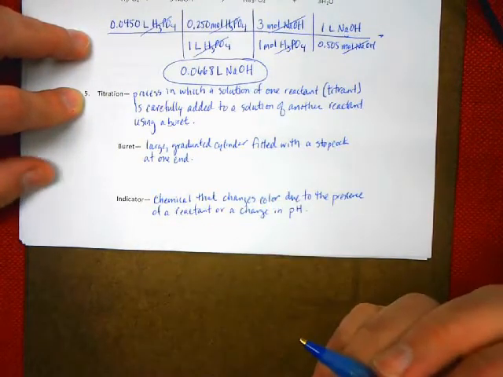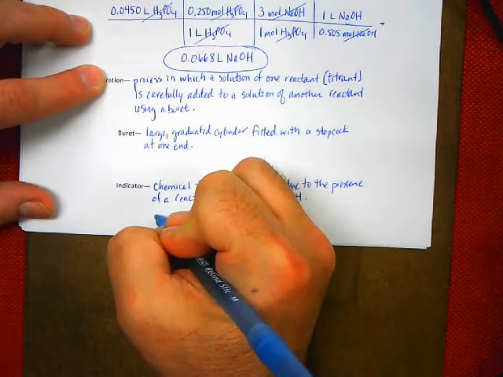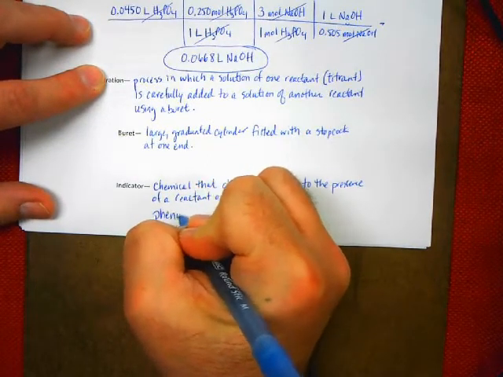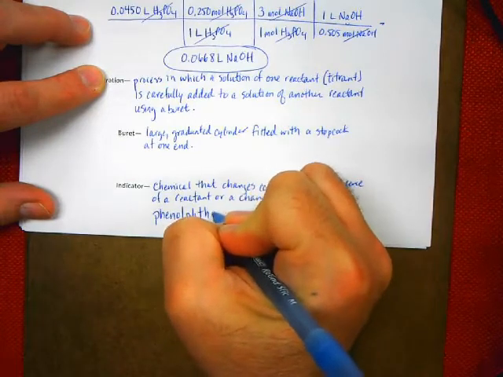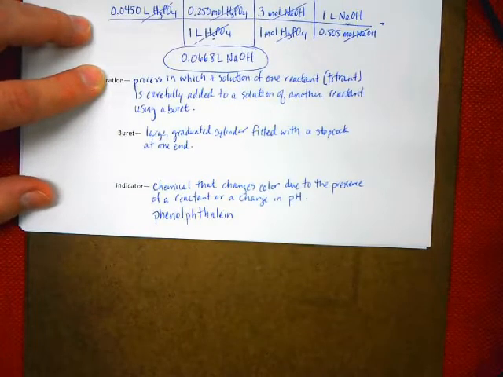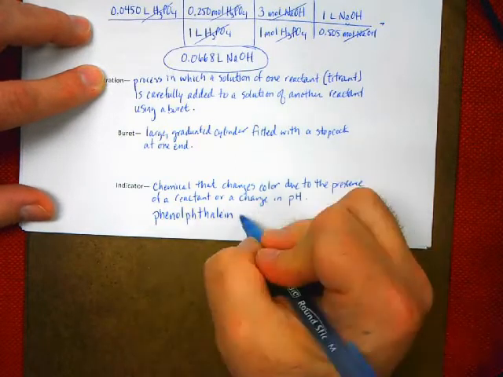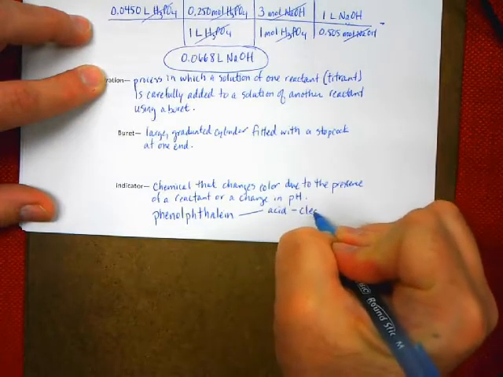And the indicator that we're going to use a lot has a very long, complicated name, and it's called phenolphthalein. I'm going to spell that for you here. That is how you spell phenolphthalein. And it is a solution dissolved in alcohol, and in an acid environment it is going to be clear.